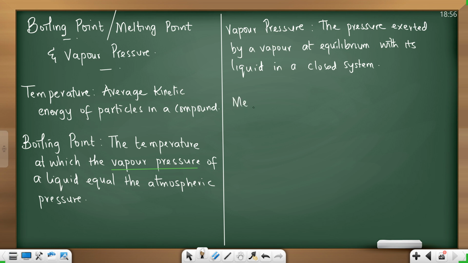Let me quickly do melting point, and I'm going to explain something on the next page because I want to use a white background. What is melting point? Very important. We're supposed to know that as well.